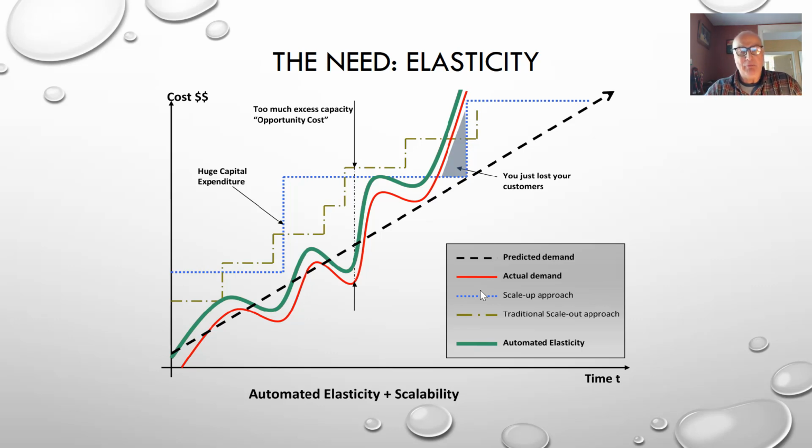Well, that's our traditional scale out approach, that green dashed line. So when we start a new application, we're going to allocate server resources to it. Why? Because we have to. And we're going to do that pretty flat. We're going to say this server is for this application, and we're going to leave it. And our demand for that application is going to go up.